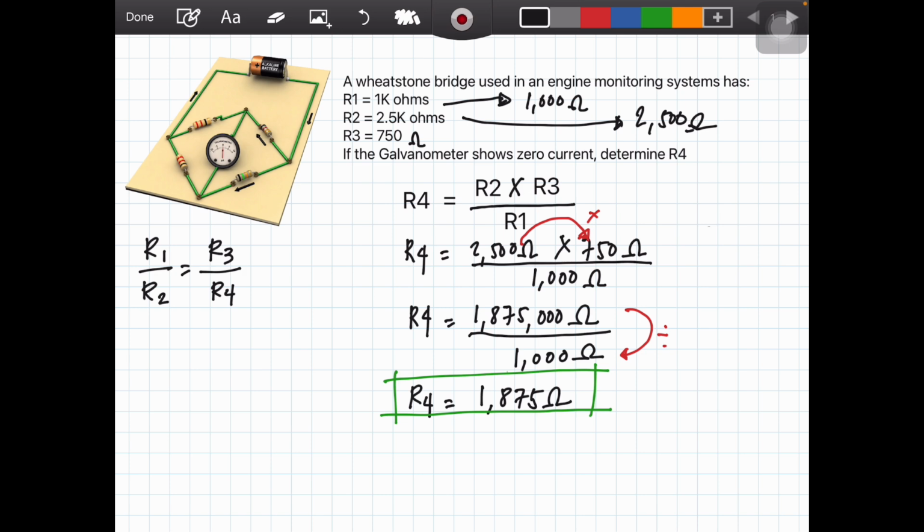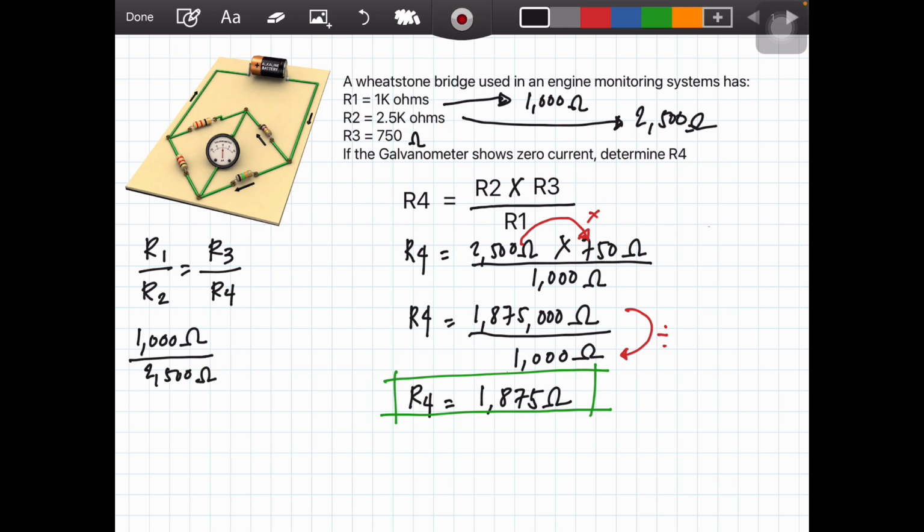The value of R1 is 1,000 ohms. Again, we do not write 1K ohms. We write 1,000 ohms over the value of R2, which is 2,500 ohms. We do not write 2.5K ohms.